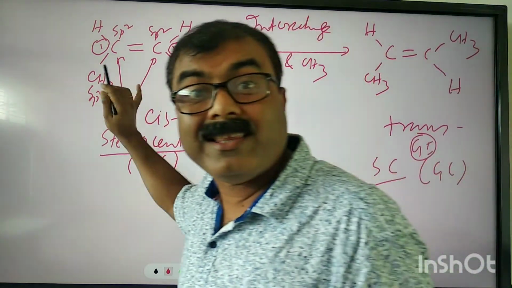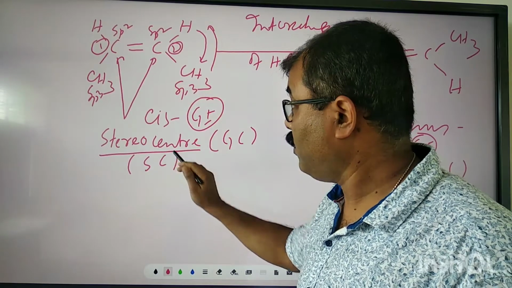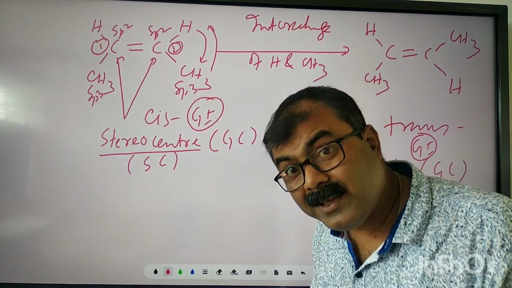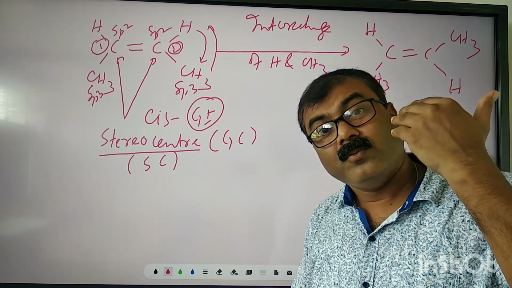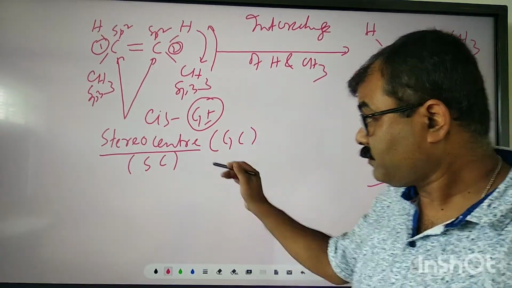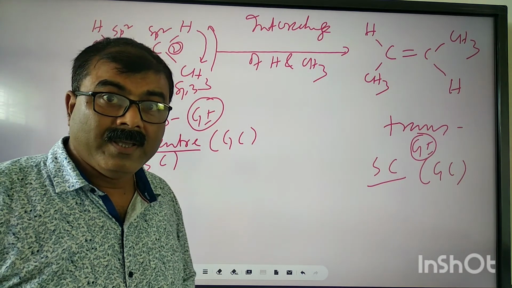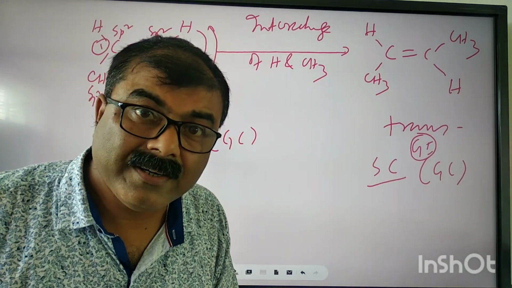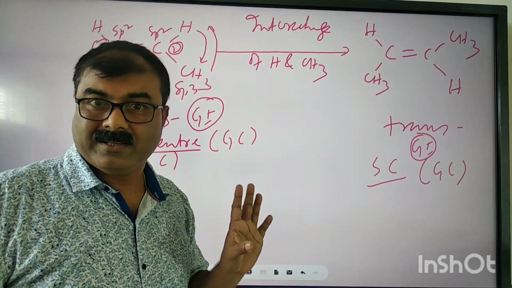But there is no chiral center here. Very important: there is no chiral center, only stereo centers. But in the previous example, there was a chiral center, and that chiral center we can say is a stereo center also. That is why, as you have probably understood, a chiral center can be a stereo center, but not all stereo centers have to be chiral centers.